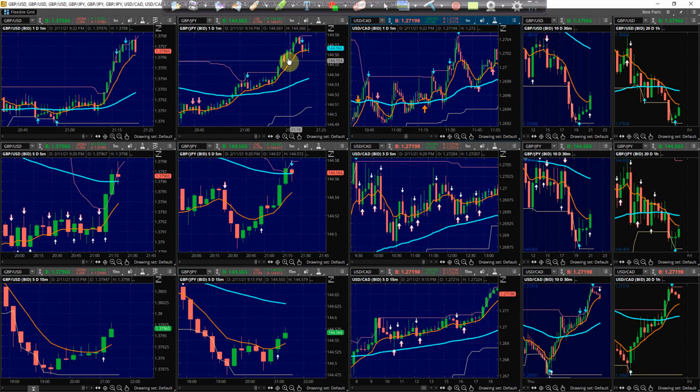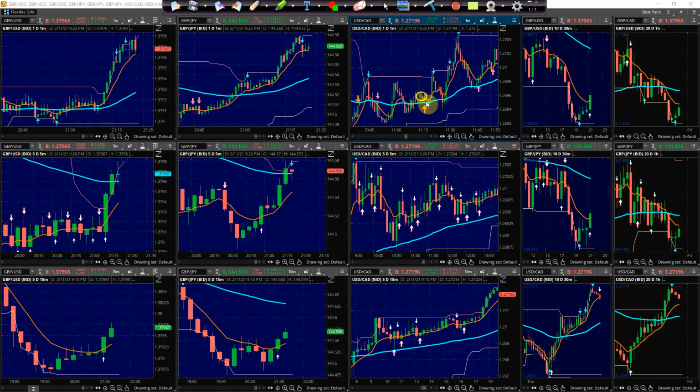Over here, the orange line is above the blue line. That's trending up. Over here, the orange line is completely above the blue line, so it's trending up. Now let's go back to the 1-minute chart.